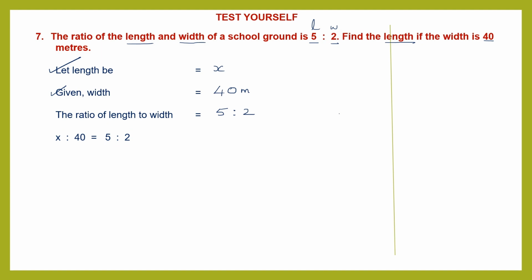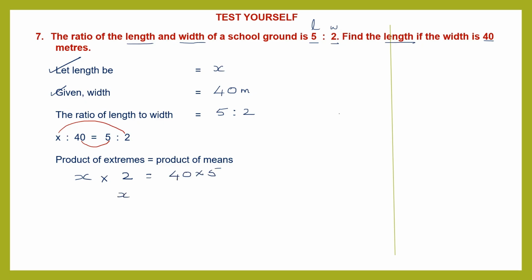Once you have it in the form of a proportion, we can use the formula which says product of extremes equals product of means. And we know that x and 2 are the extremes and 40 and 5 are the means. Product means multiplication. So let's find the product of extremes. x into 2 is equal to 40 into 5.